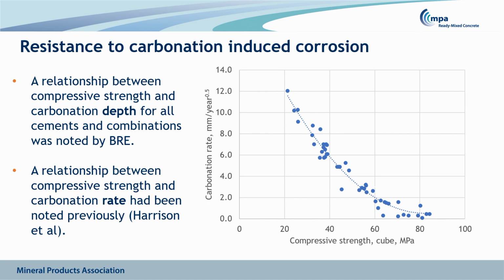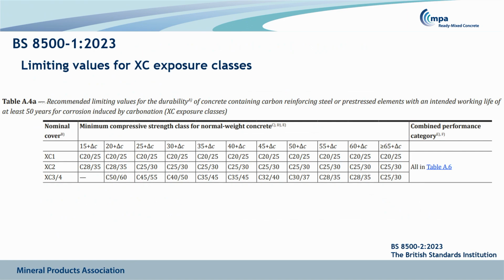This far simplifies specifying these new lower clinker cements, because they're simply being controlled by strength. So the table now, as I say, we're able to use all cements and only specify by characteristic strength.